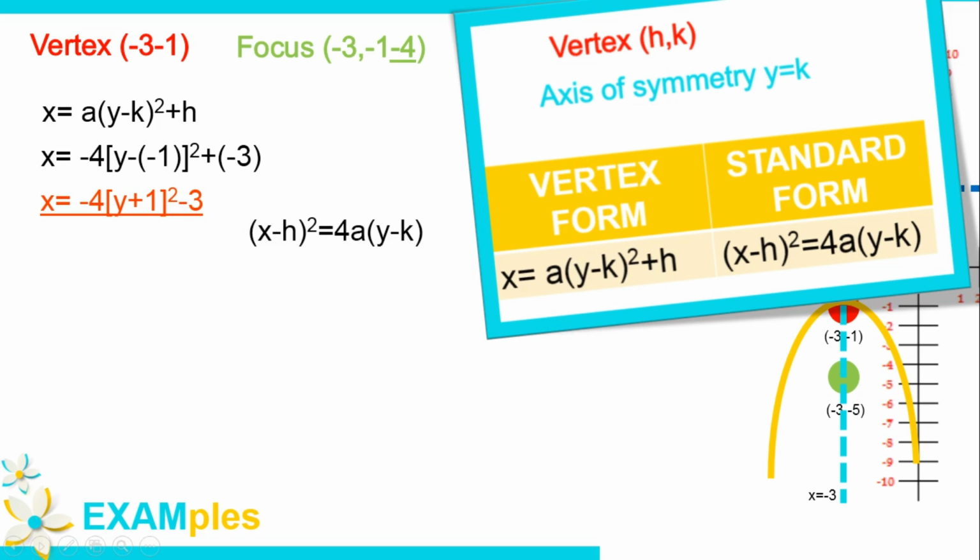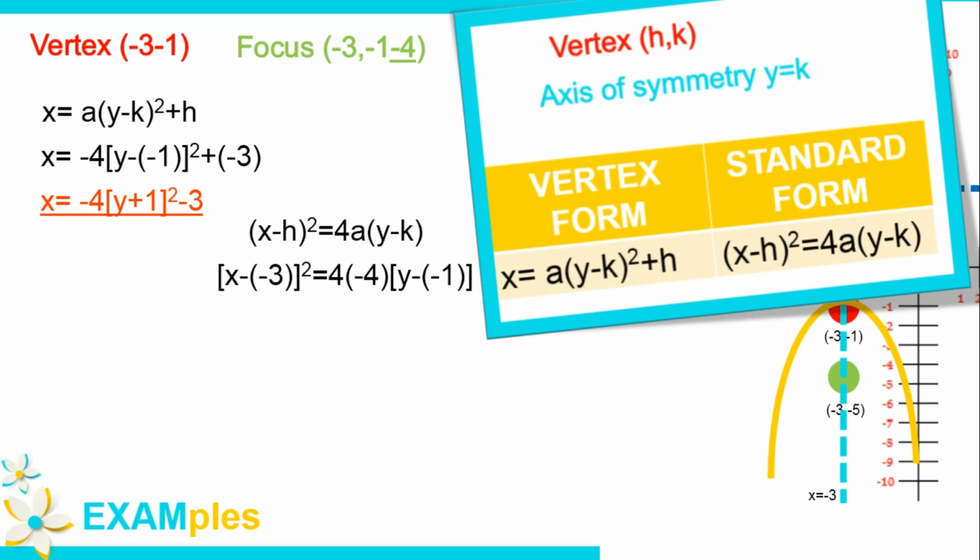Next is, let's go to the standard form. So, x minus h squared is equal to 4a y minus k. So, ito rin yung pamulihan ang ihang mga value. So, ang x o y, di na siya dapat hilabdan. Ang h o k lagi siya ang matandog. So, x minus negative 3 h squared is equal to 4, negative 4, nga a, distance from negative 5 to negative 1 is negative 4.